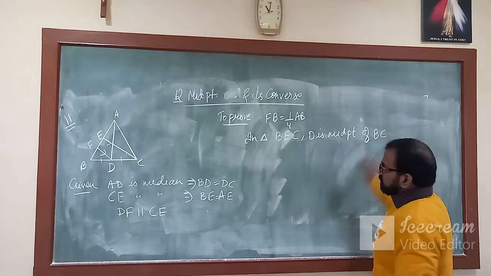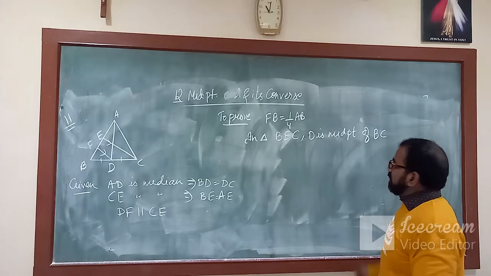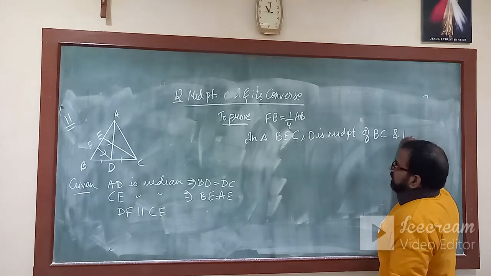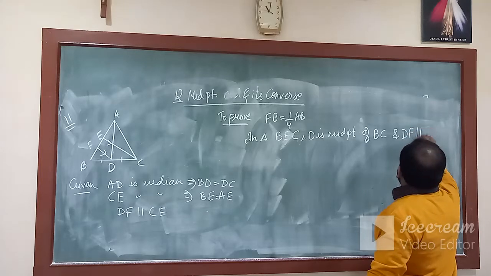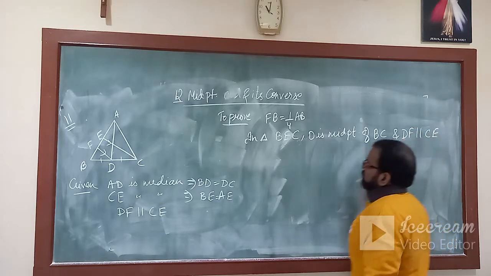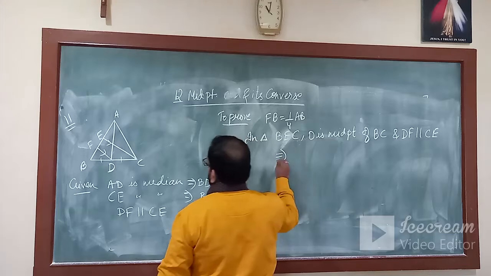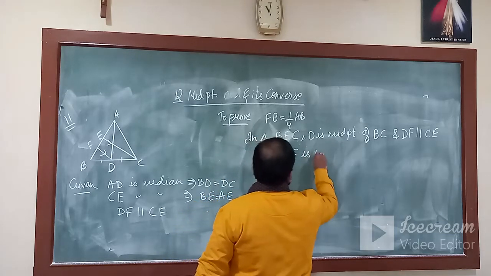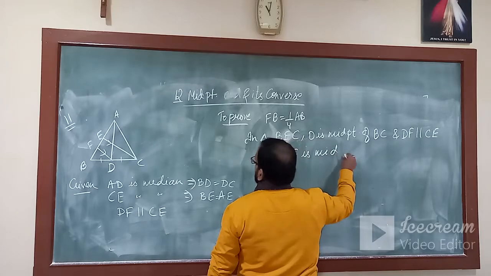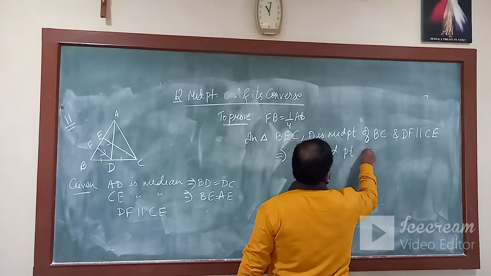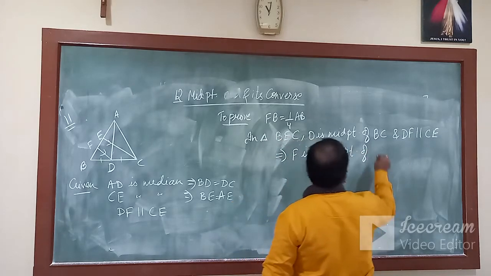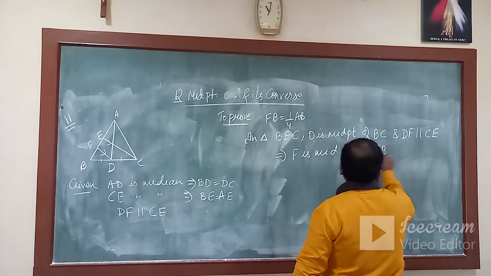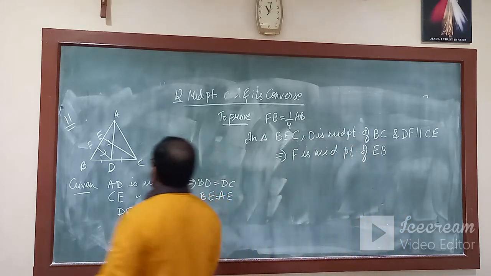This is given to us because AD is the median, and BF is parallel to CE. This is given to us. So that means F is midpoint of EB. Okay, so F becomes the midpoint of EB.